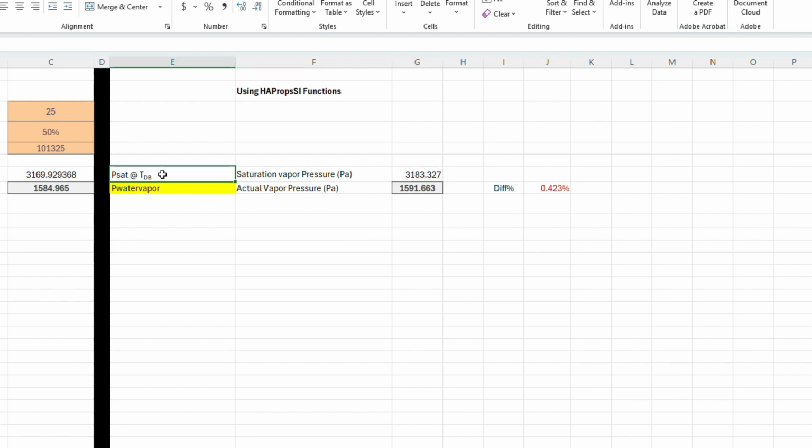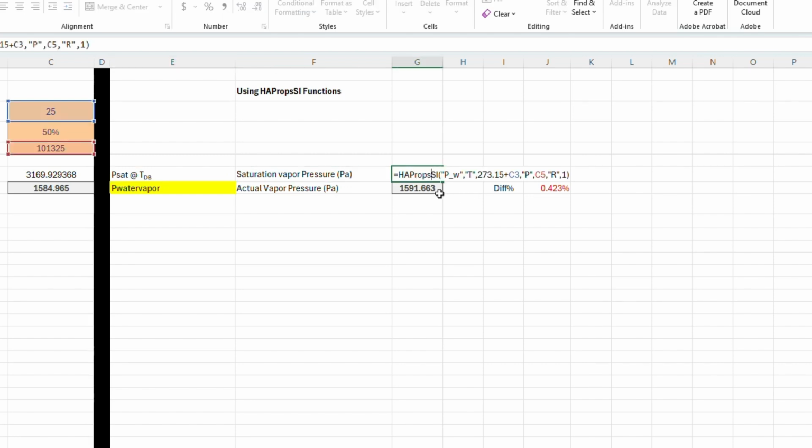And let's see. So calculating the saturation pressure. So first you use... you're trying to calculate the partial pressure of water vapor for a given temperature, and you said humidity is 100%. So when 100% humidity with an ambient pressure of this, you're getting a saturation pressure value of this.